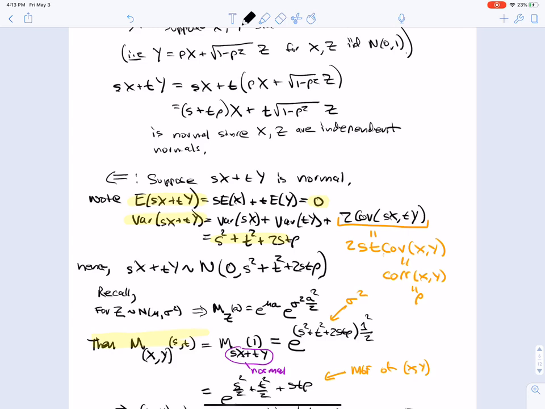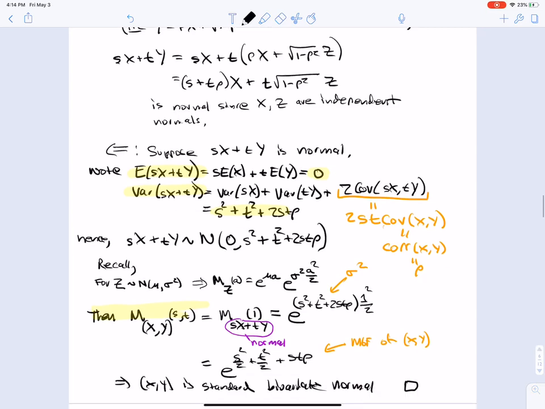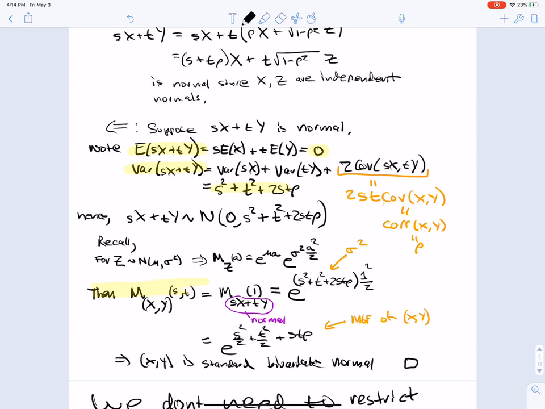The moment generating function for XY is exactly e^(s^2/2 + t^2/2 + st rho), because sX + tY is normal.